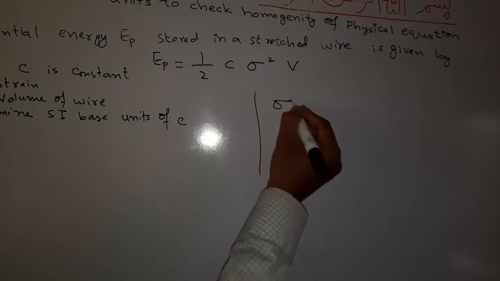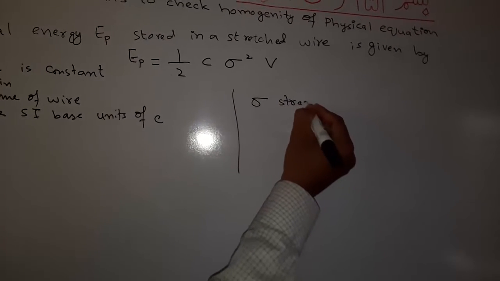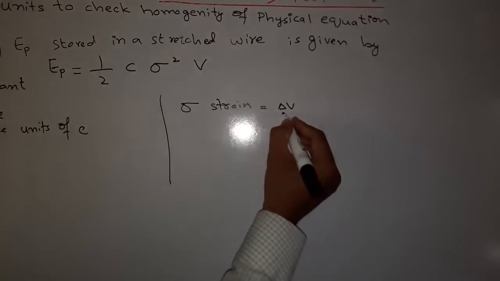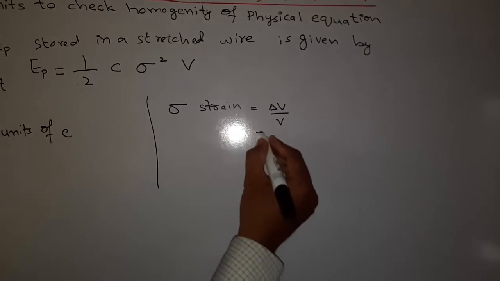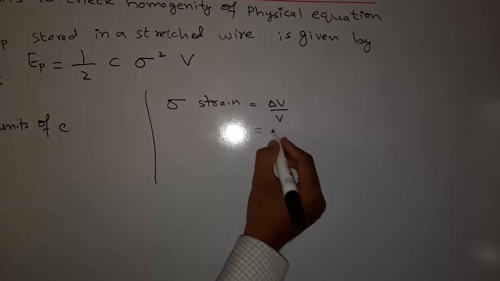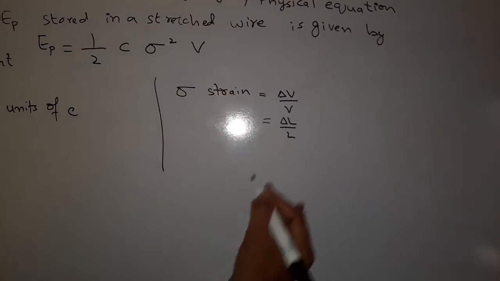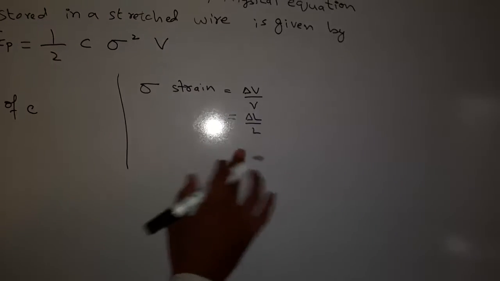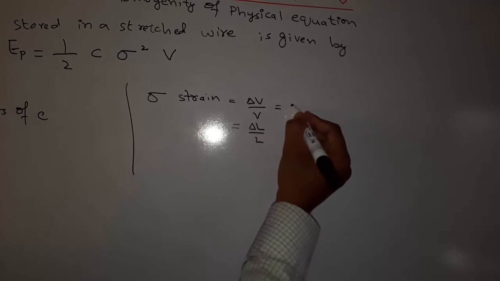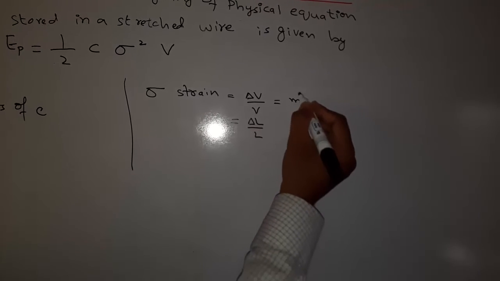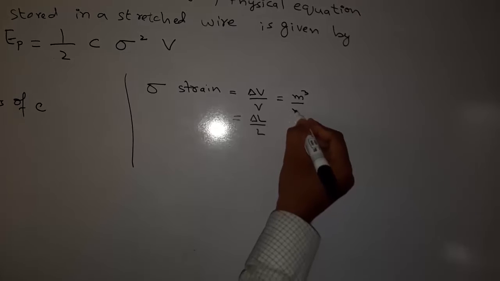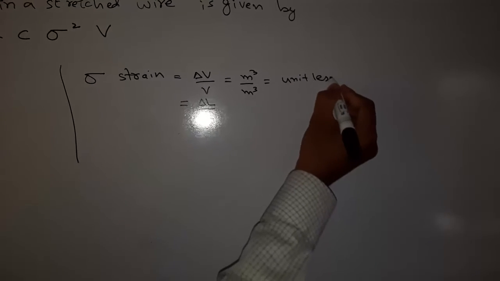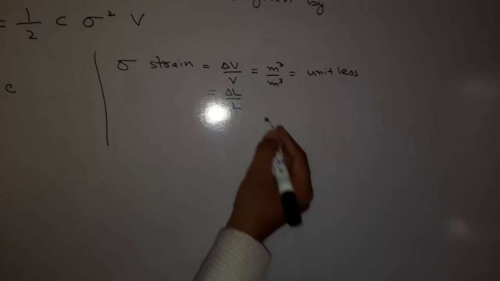If we have the volumetric strain, it is delta V over V, meter cube over meter cube, so it is unitless.